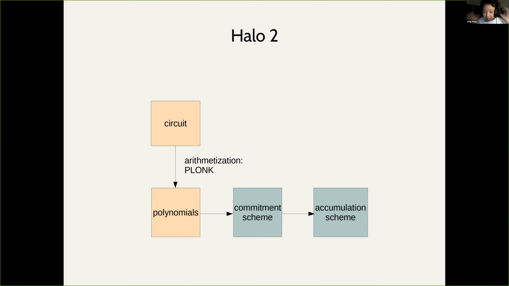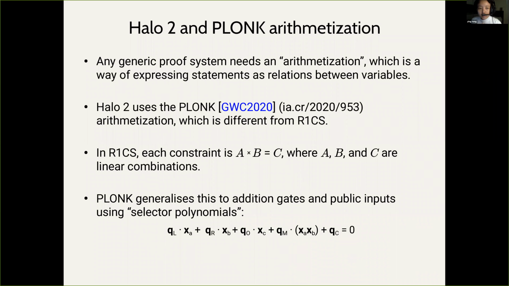Step 1, arithmetization, Plonk. Arithmetization is basically a way to express a machine's computation in a form that we can do probabilistic algebraic checks on. It's something that every proof system needs.